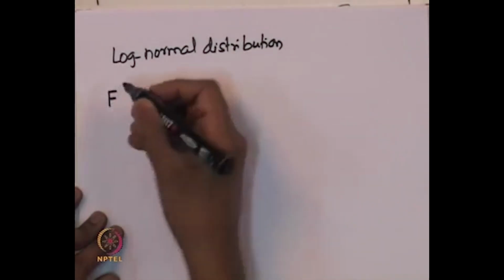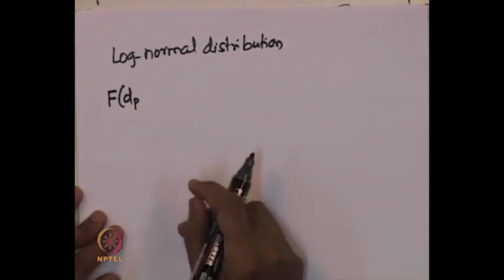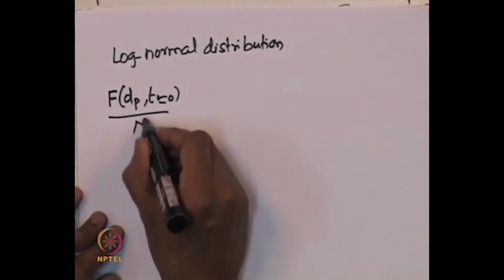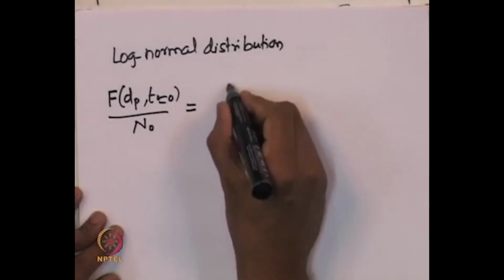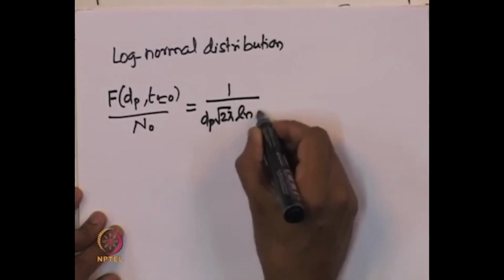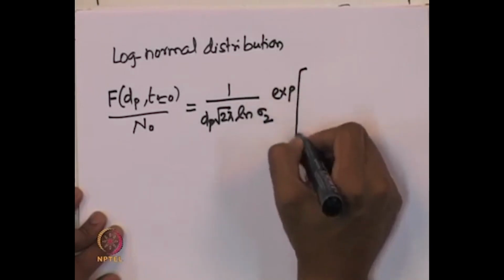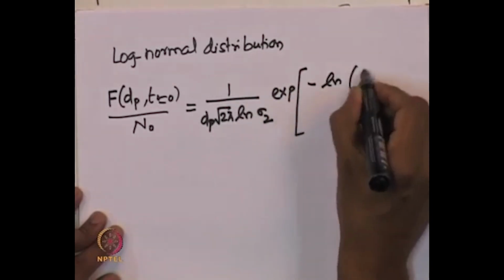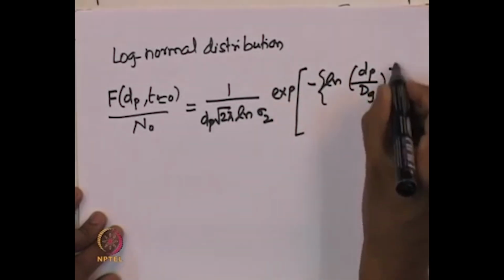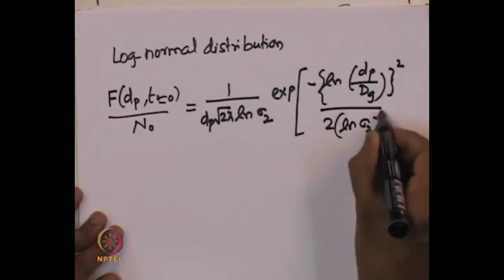So, now the fraction of the particles whose size is dp at time t equal to 0, normalized by n naught, is given by 1 by dp square root of 2 pi into ln sigma 2 multiplied by exponential of minus ln of dp by dg, squared, divided by 2 times ln sigma 2 square.